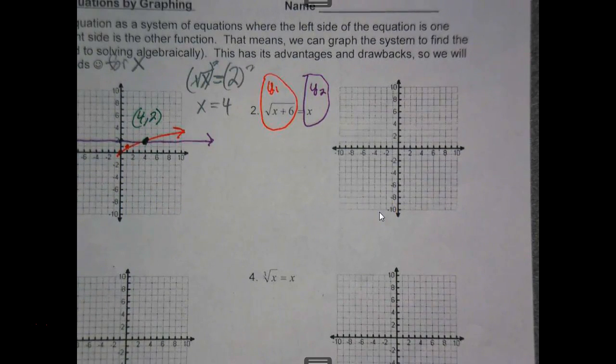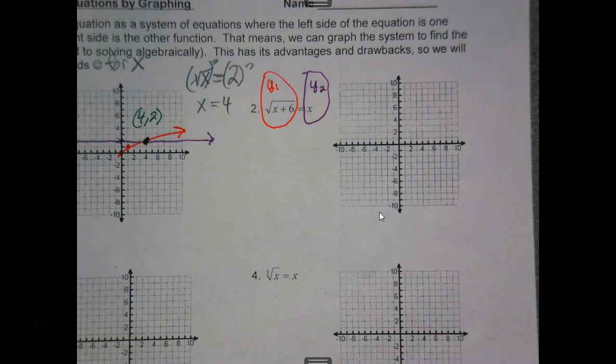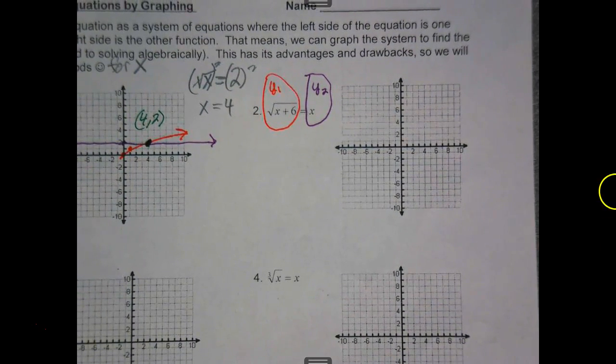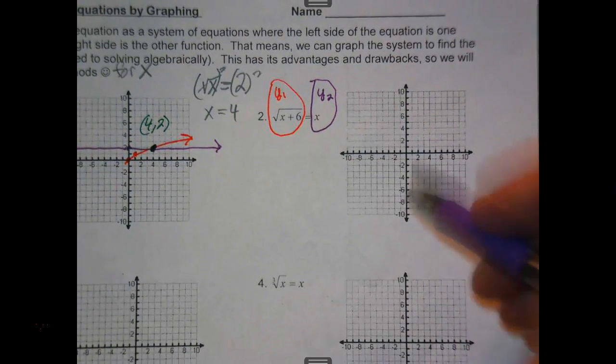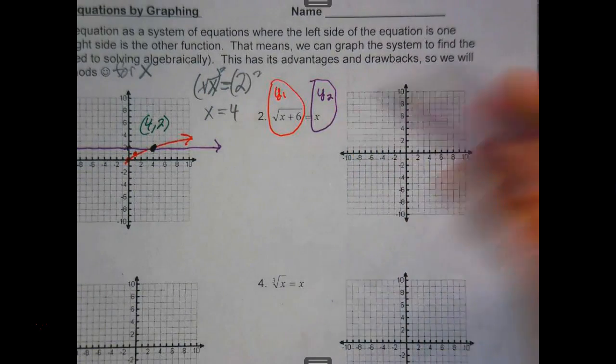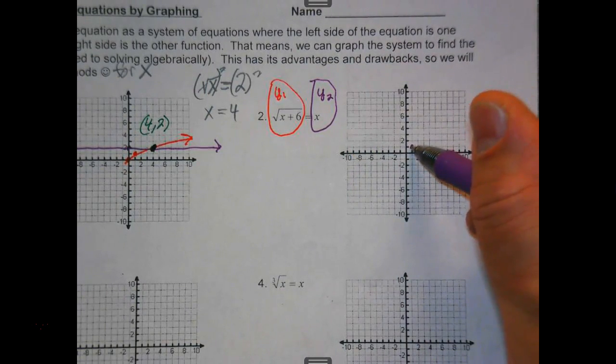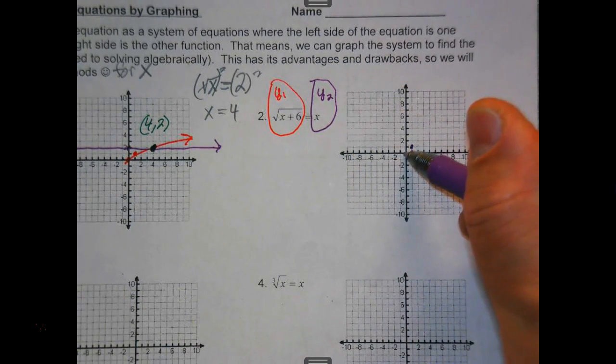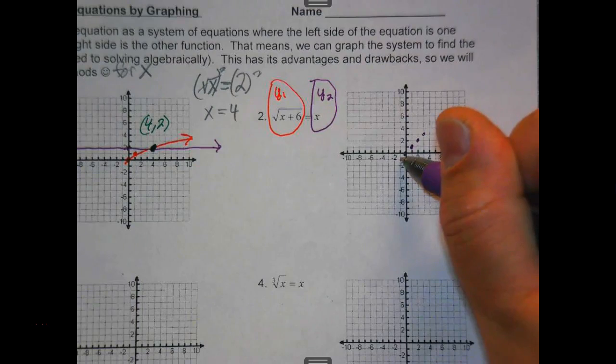All right, so does anybody know how to graph the line y equals x? It's really an important line, especially in future math courses. Well, let's begin with the numbers. If I choose 1 for x, what do I get for y? 1. If I choose 0, 0 equals 0. 2 equals 2. 3 equals 3. Negative 1 equals negative 1.